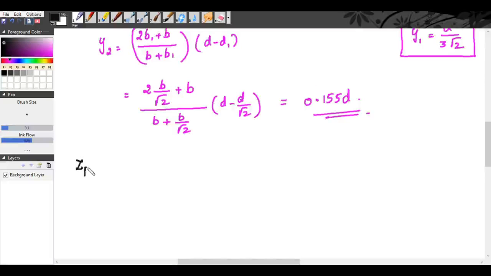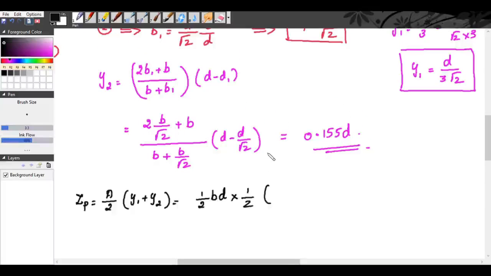Now you can find ZP. So ZP is equal to area by 2 multiplied by y1 plus y2. We get area is half into base into depth, multiplied by 1 by 2 into y1 is d by 3 root 2 plus y2 is 0.155d. You get ZP is equal to 0.09775 BD square.